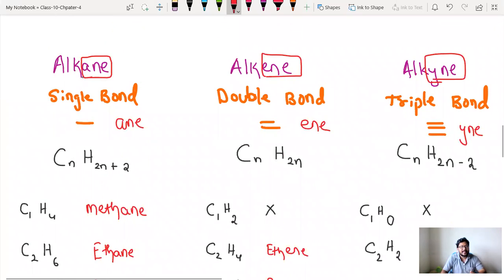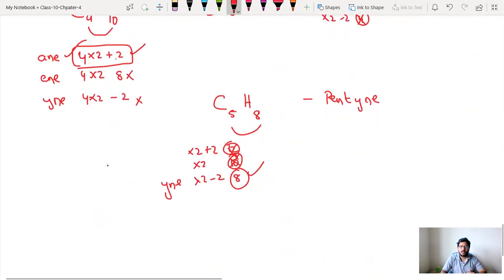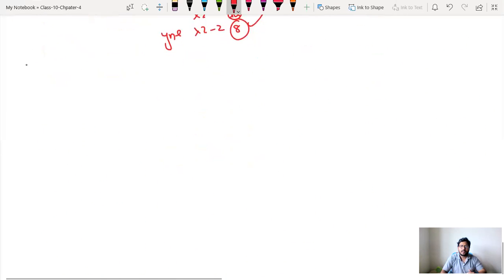So homo, we can say, and it is continuing, logous, in the form of a series, so that is why this is known as homologous series. Now let us try to draw bonds. Very important. In examinations they will ask you to draw. So everyone must draw along with me so that you can understand.